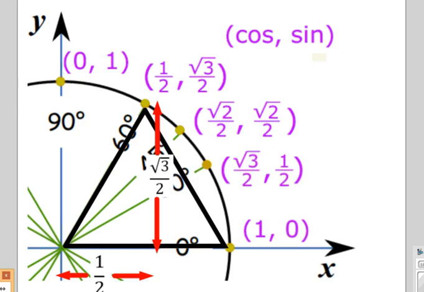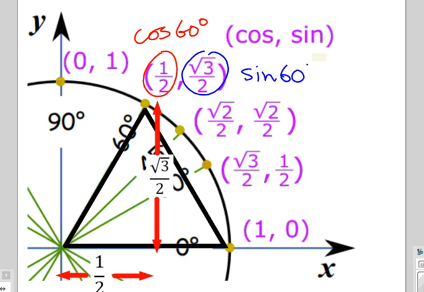So with our special triangle, we superimposed it on the unit circle, giving these coordinates. So this is where the equilateral triangle goes. Therefore, this is cosine 60 degrees, and this is sine 60 degrees.